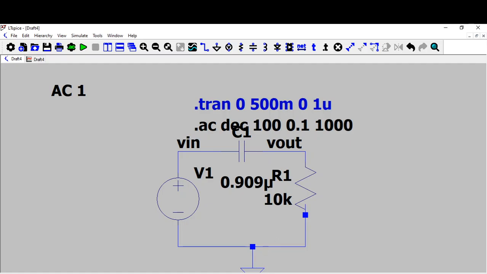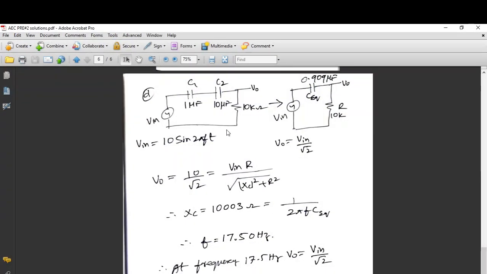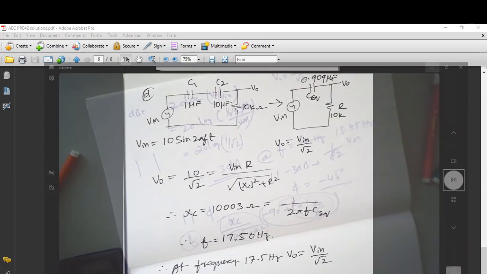Now if I run this, I have specified these values. At 17.5 hertz I have to get minus 3 dB, and the phase should be, let us see what the phase is. Interesting.